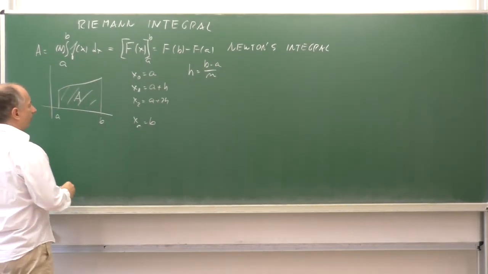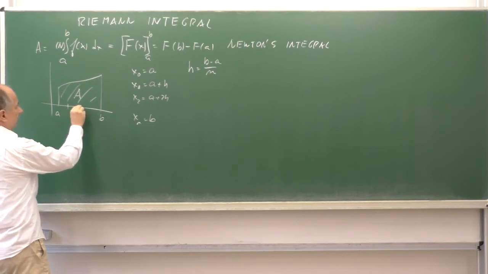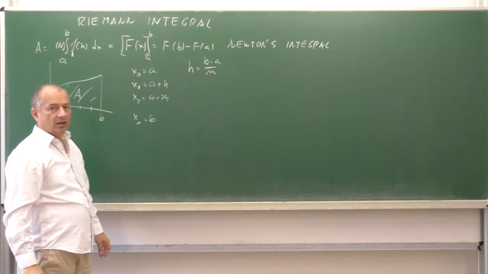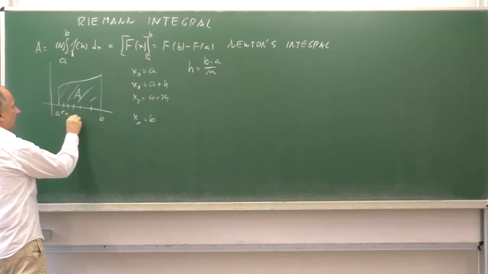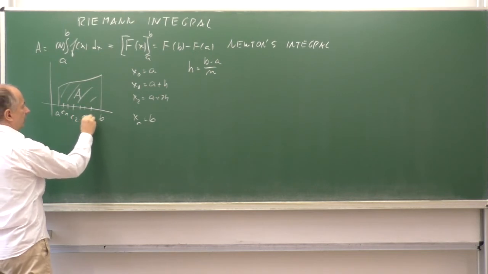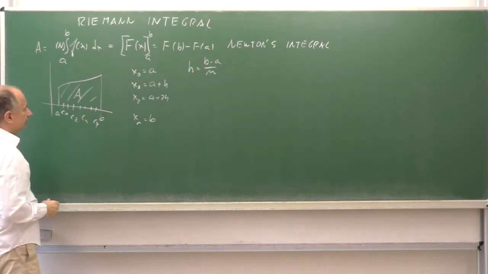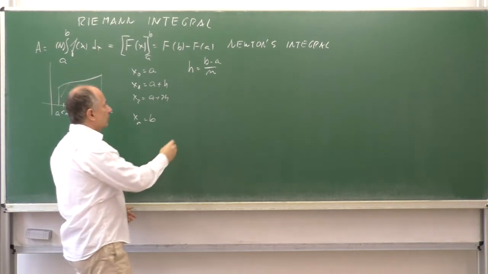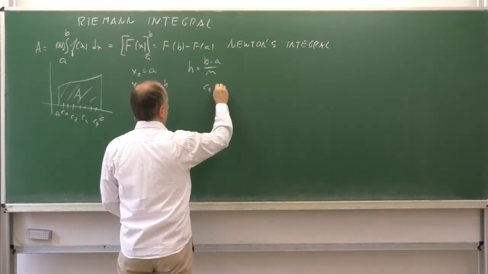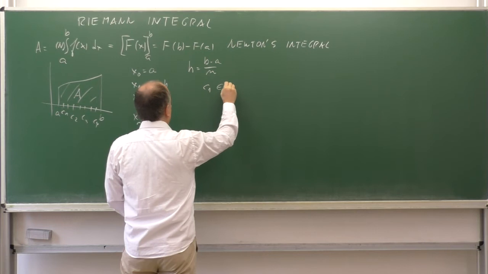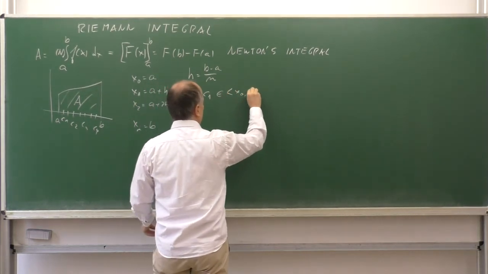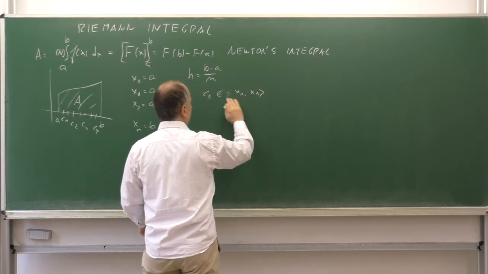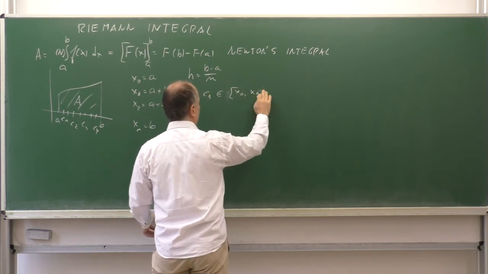And now, in each of these intervals, we choose a number c1, c2, c3, and c4. That means we choose a number c1 somewhere in the interval x0, x1, that was in the Czech literature.